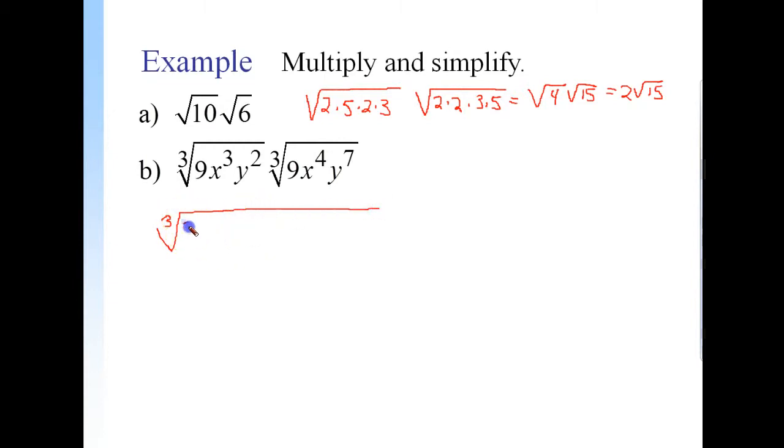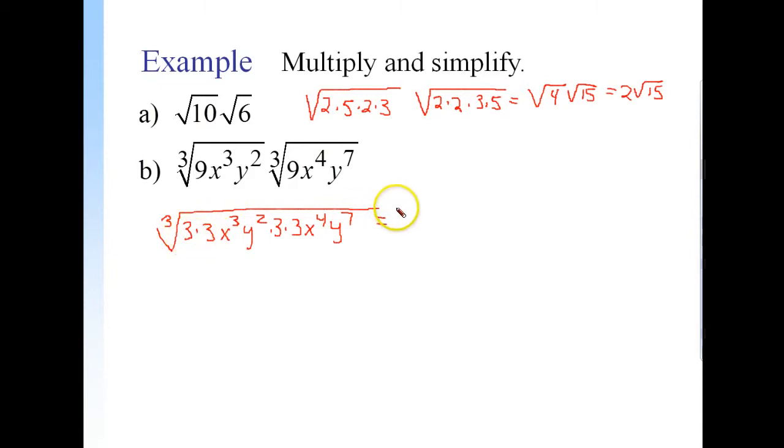So this is going to be 3 times 3, x to the third, y to the second, and then this is going to be 3 times 3, x to the fourth, y to the seventh.